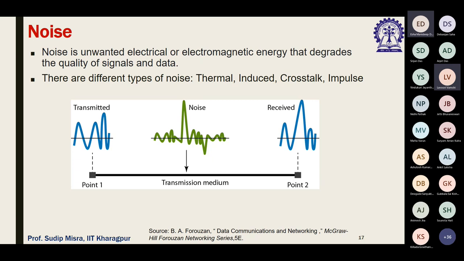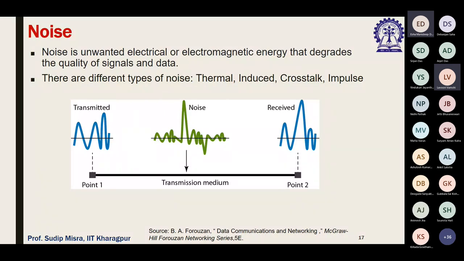So noise basically is some form of impairment. Crosstalk, I think most of you are already familiar with, so before I proceed further, I just wanted to touch upon it. Crosstalk happens due to the presence of another medium.